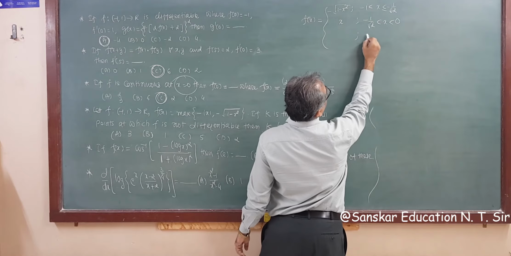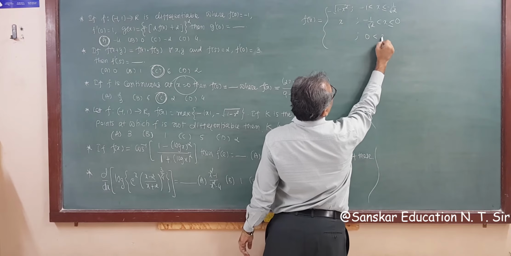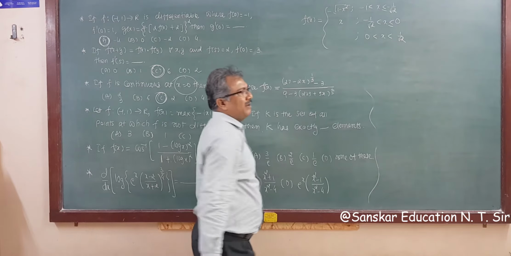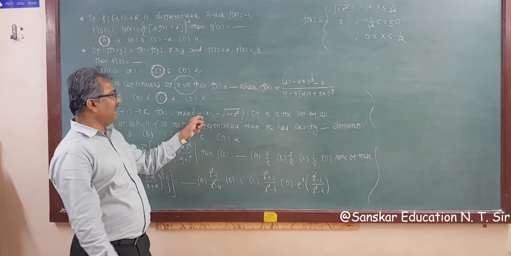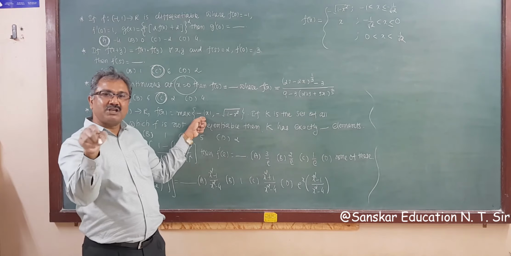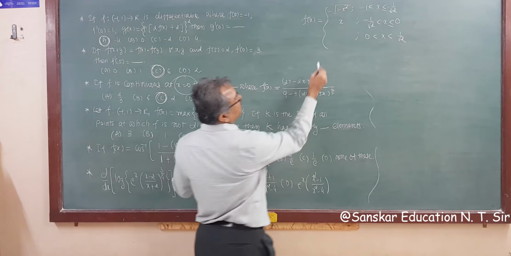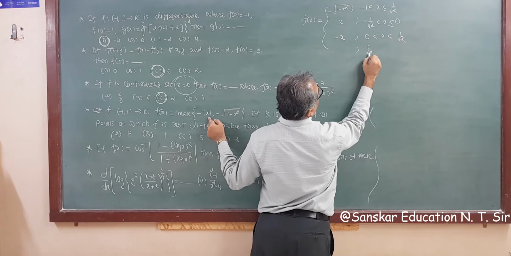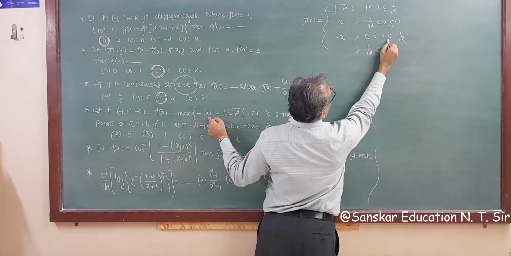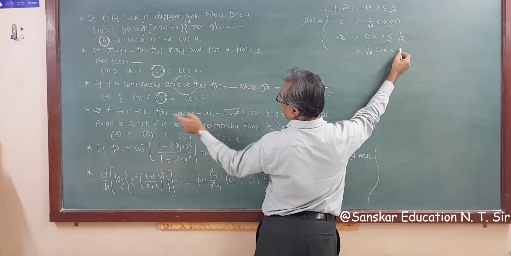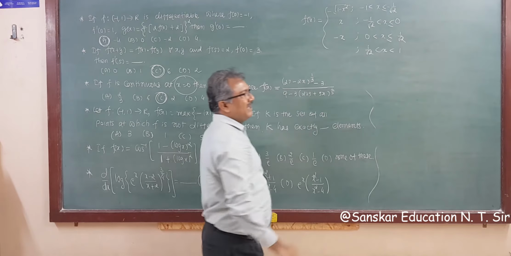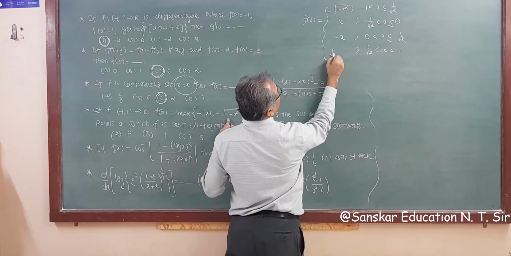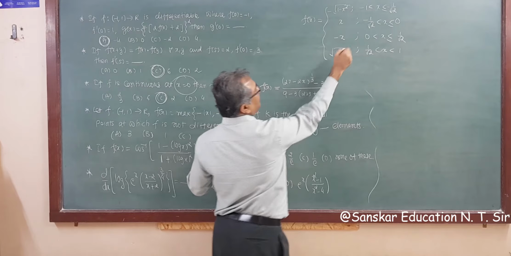And if you take 0 less than x less than plus 1 upon root 2, then again this x, but this is positive, so the answer is minus x. And from 1 upon root 2 less than x less than 1, you will get again this as the maximum, that means the maximum is root of 1 minus x square.